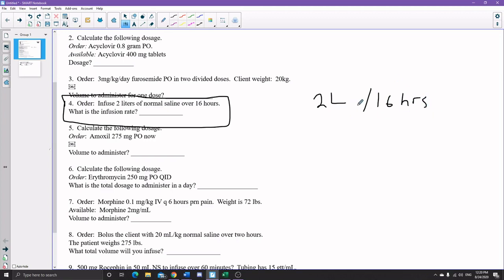Formatting it like this really helps you understand what's going on. And also for infusion rate, we do use milliliters, so we should convert the liters to milliliters. And remember, there's 1,000 milliliters in 1 liter, so this is going to be 2,000. Okay, I'm just going to put it there.